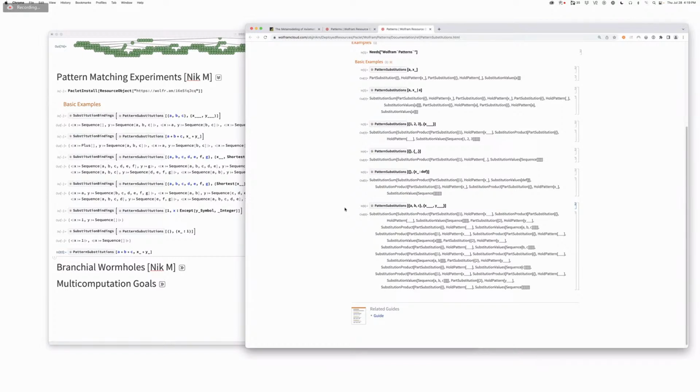I see. So this is a multi-way object. Yeah, the outer head of the sum is alternatives, and the product is all the substitutions applied at a single instance. So if we were doing category theory, this would be some kind of monoidal category thing on the outside.